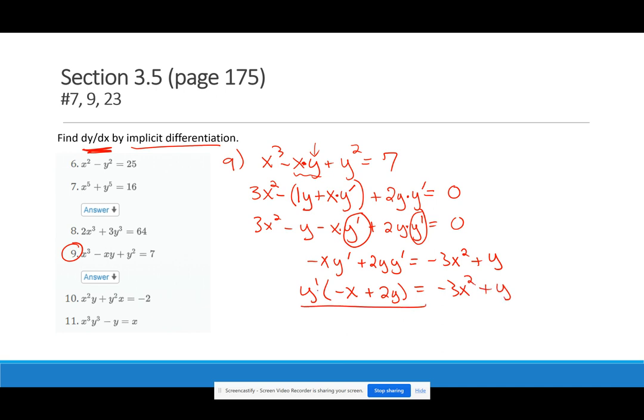And so I can divide by that on both sides, which means this goes, and I have y prime equals negative 3x squared plus y over negative x plus 2y.